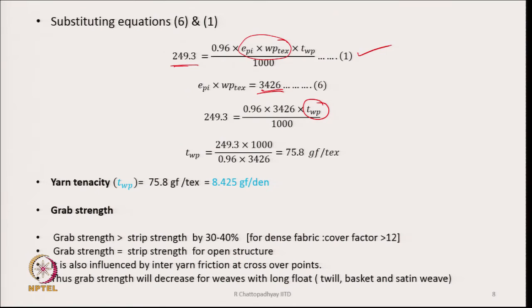From there we can find out the tenacity of the warp yarn, and that gives you a value 75.8 gram force per tex, which in terms of denier will be 8.425 gram force per denier. So, therefore, we could find out that this is the tenacity of the yarn that we need in order to get a strength which is 249.3 kg force per inch. So, at least one important parameter we could estimate.